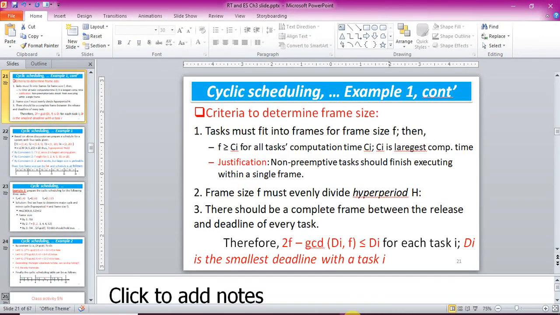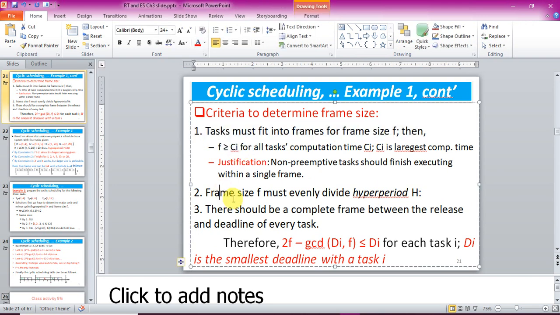In the last discussion, we explained that cyclic scheduling is calculated with two different things: the hyperperiod and the frame size. To determine the frame size, we had three criteria, and we discussed each.